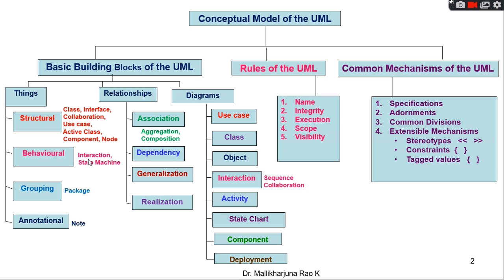In the English language, we have nouns, pronouns, verbs, adverbs, etc. In UML, structural things play the role of nouns and behavioral things play the role of verbs. We have two types of behavioral things: interaction and state machine. We'll see these in detail in the coming video.